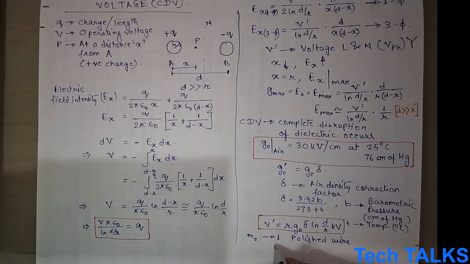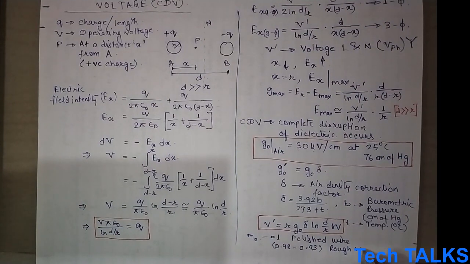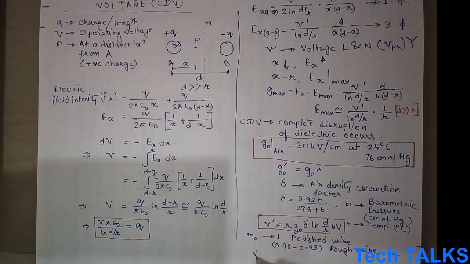So this factor will also be added in this formula. The final modified formula, taking the dust particle issue into account, will be V dash equal to r G naught delta M naught ln d by r kilovolt.